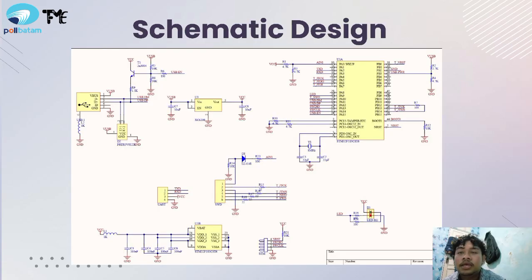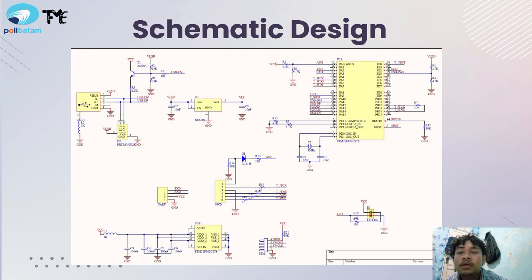In this slide, I will explain about the schematic design. This schematic design represents the minimum system of the STM32 development board. The USB connector provides 5 volt power and USB communication, and the XC6206 voltage regulator converts 5 volts into a stable 3.3 volt supply.